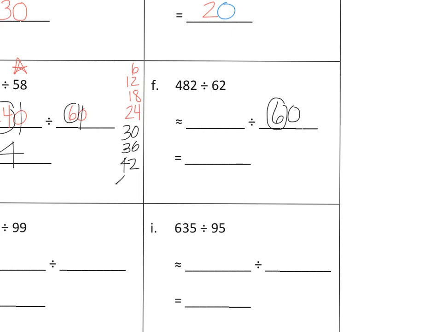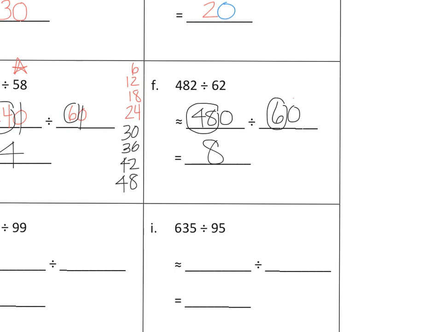After 42 is 48. And you're probably saying we're going to stop there at 48 because I see 48 in 482. So we're going to say the basic math fact is 48, and then it's closer to 480. 482 is closer to 480 since we're going to use this basic math fact of 48 divided by 6, which is 8.